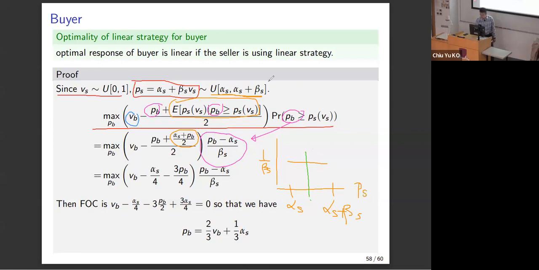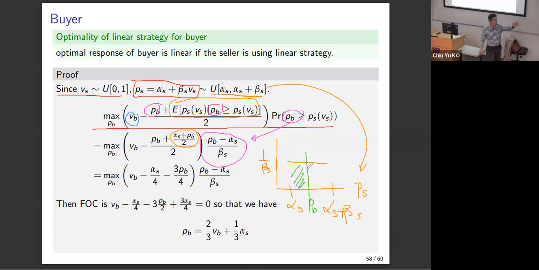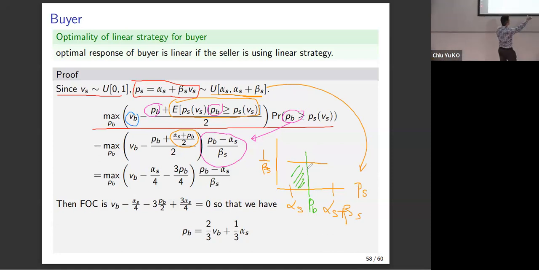PS is uniform, this comes from here, and you are choosing your PB. You move your PB left or right. The only trade is here, because the higher the PB, the more trade you have. If the PB is very low, as low as alpha S, then you won't have any trade. So the probability of trade is actually here. To calculate the expected price, you just look at this area.